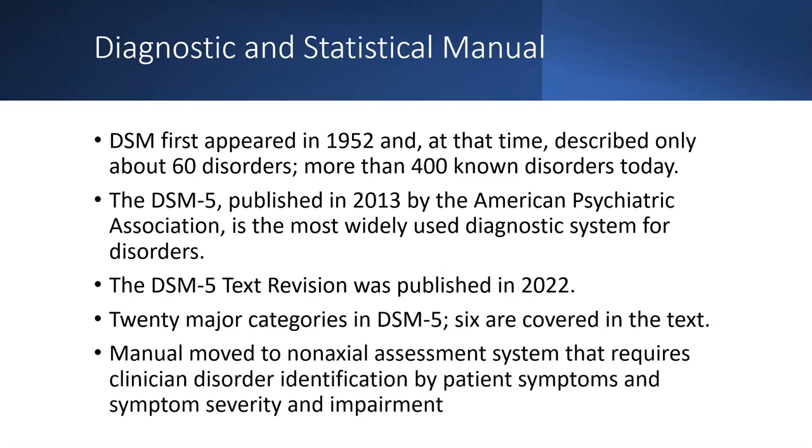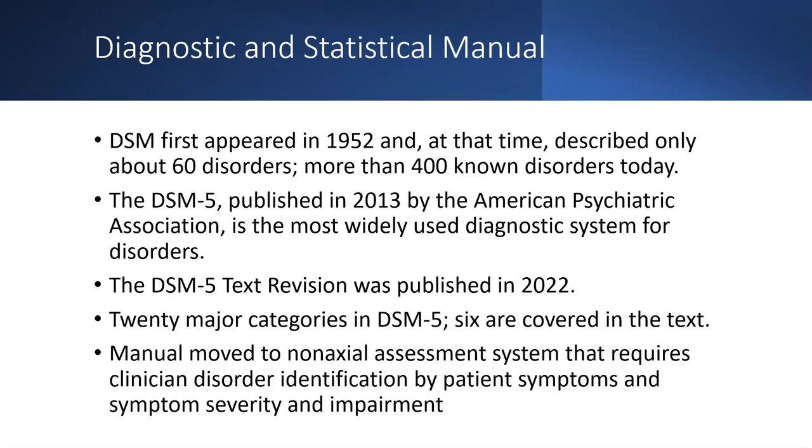The manual has taken a number of different forms. In previous versions of the DSM, there was an axial assessment system where you had various axes that intersected, and that was deemed to be ineffective or to have flaws and problems in the way disorders were being described, but also in how assessments were being made.